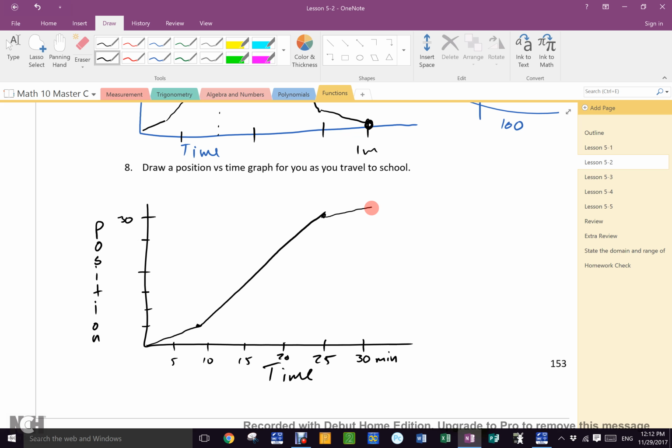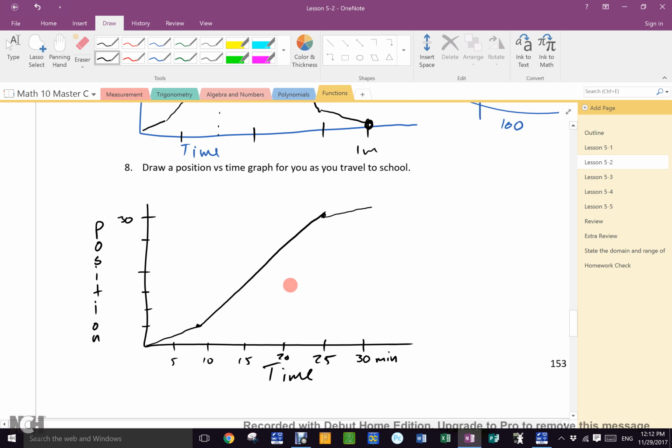Everybody cool? Now, in reality, what should happen on these lines? If I was doing this exactly, every stoplight, what would there be? A little flat line. Everybody cool? If there's a traffic jam on the highway and I stop dead, there's a flat line. Right?